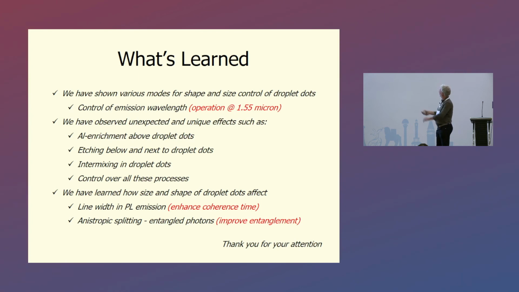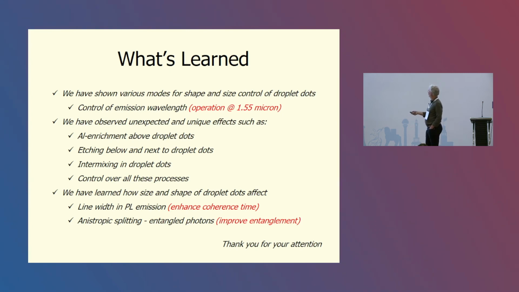We have observed unexpected and unique effects such as aluminium enrichment above dots. I've shown you etching below, next to and underneath the dot. I've shown intermixing in droplet dots, but I also showed you how we can actually control all these effects, and that we can make now good quality, clean quantum dots.